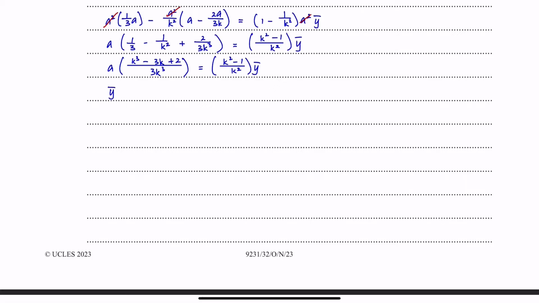And now y bar, we can cancel the K squared, and for K cubed we can cancel it so that it becomes only 3K. So y bar would be A times K cubed minus 3K plus 2 over 3K times K squared minus 1. So we are not done yet.